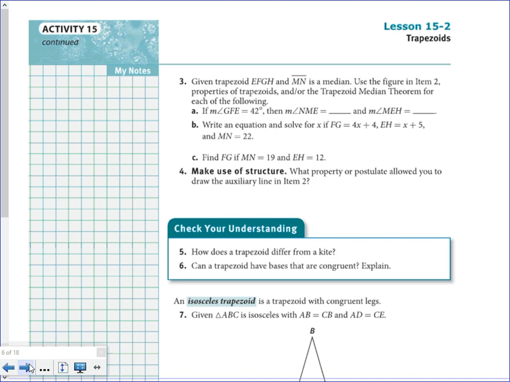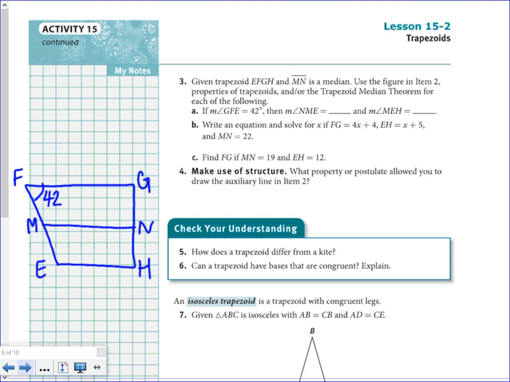So we are going to be using that figure that we were just looking at for number 3. So given this trapezoid, and I'm going to redraw it so that I don't have to flip back and forth. They tell us that angle F or GFE measures 42 degrees.